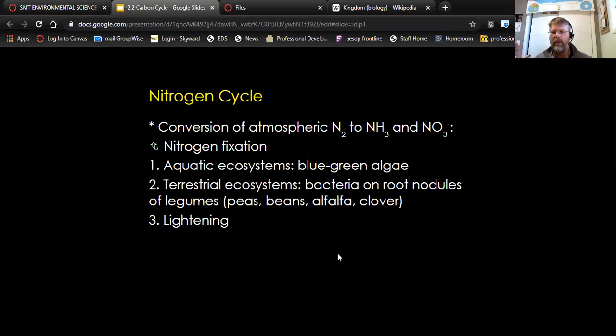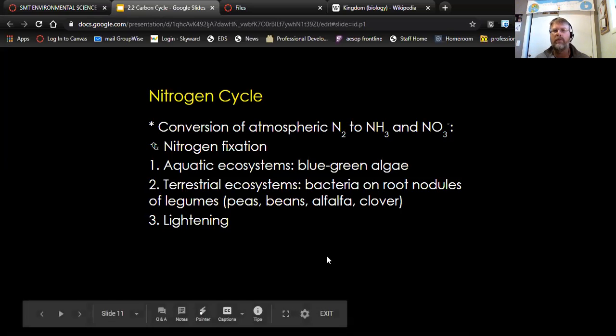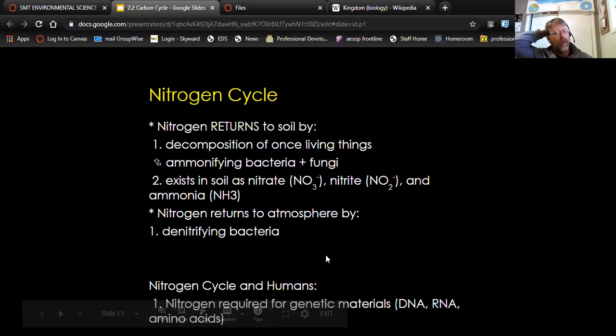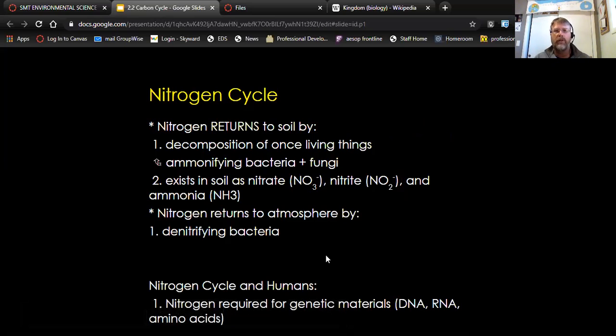Okay, those are the big categories. You can also have lightning. When it streaks through the sky, it will tie together some of the nitrogen and turn it into nitrates as well. So the nitrogen returns to the soil by decomposing from once living things. That's where we talk about bacteria and fungi.